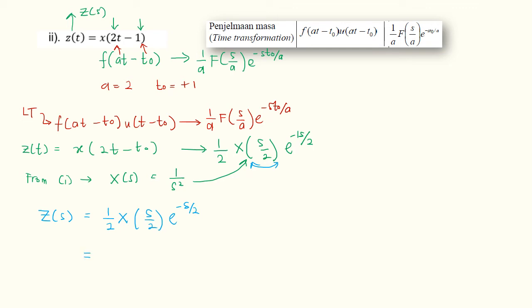So your X(s) is 1 over 2 times 1 over s squared, but all s must be divided by 2. So s divided by 2, squared, multiplied with the exponential function e to the power of minus s over 2. Okay, so this is your Z(s).